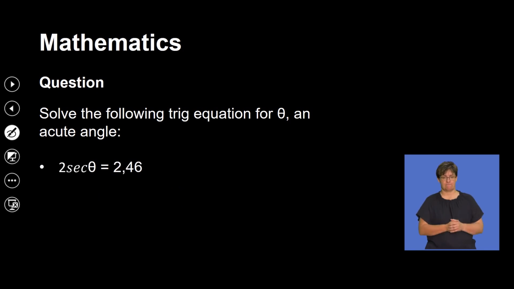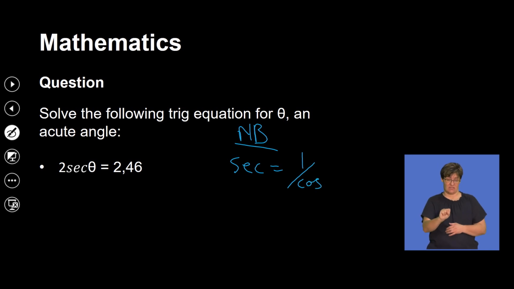And then the next question is, if now it's sec, remember sec is related to cos, right? So it's 1 over cos, right? So it's the same as us trying to find, not really the inverse, but 1 divided by the cos function. So here, I'm firstly going to divide by the 2 so that I get rid of whatever is in front of the sec.